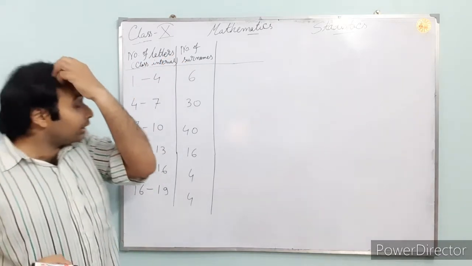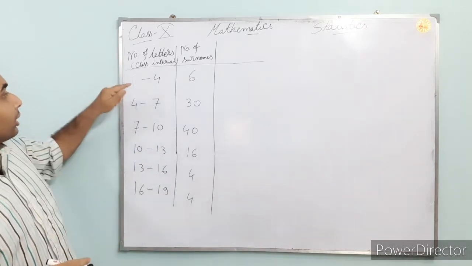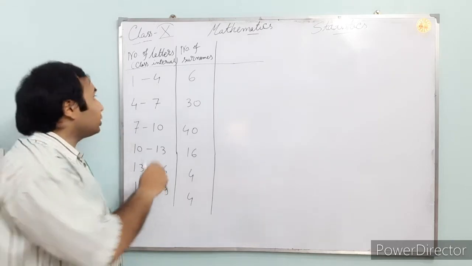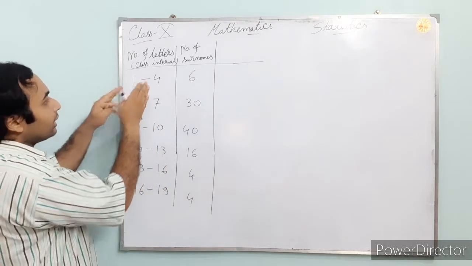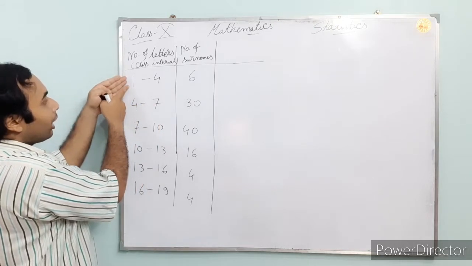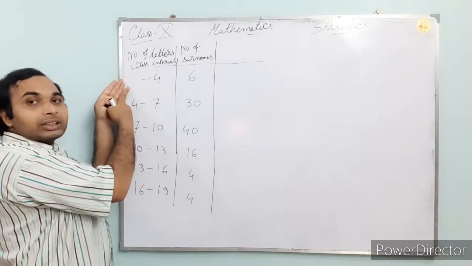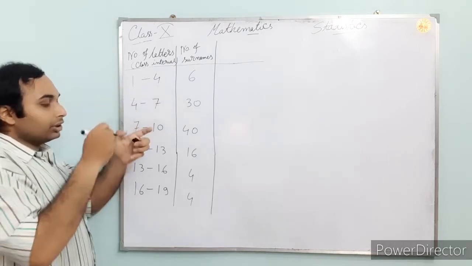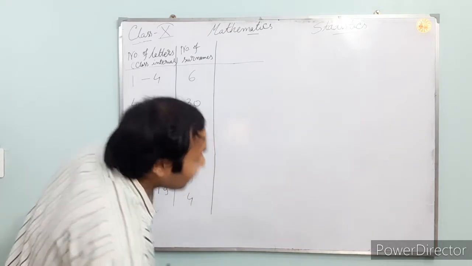Here also one thing you have to notice, that is whether the class interval is continuous or discontinuous. Continuous means for each class, the left side is called the lower class boundary, and this side is called the upper class boundary.